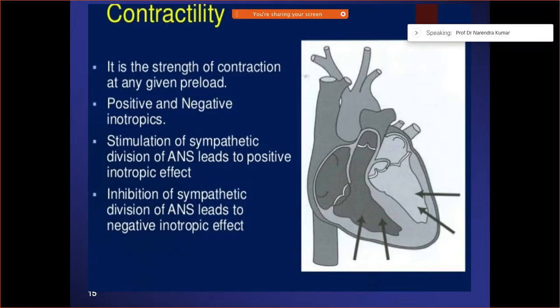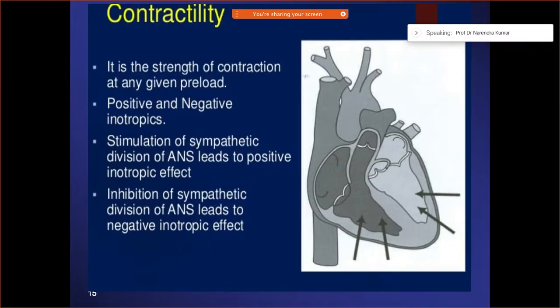In fact, it further depends on the sympathetic tone as well. So, for example, if you are able to stimulate the sympathetic division of the autonomic nervous system, it is going to lead to positive inotropic effect. However, its inhibition is going to cause negative inotropic effect.